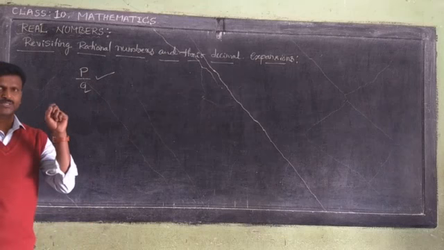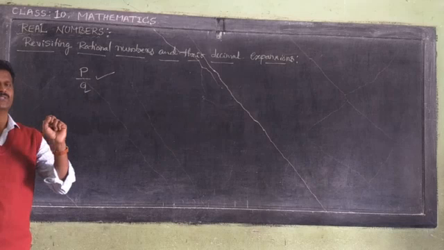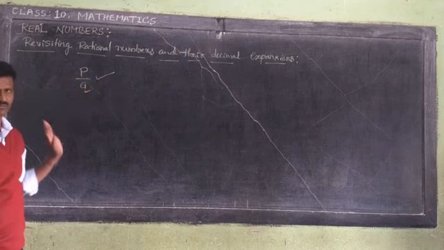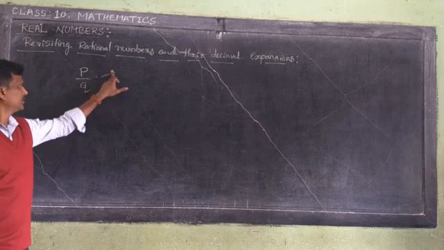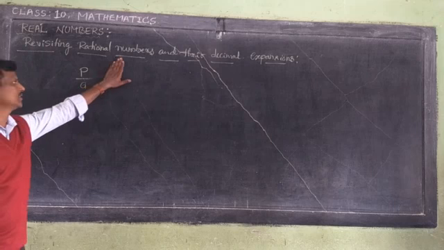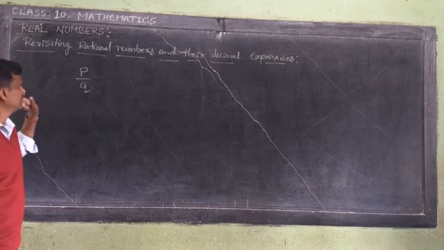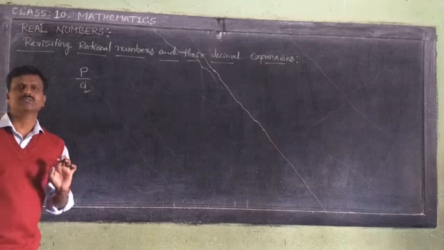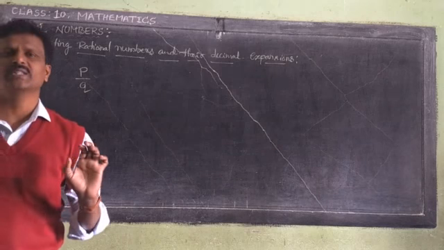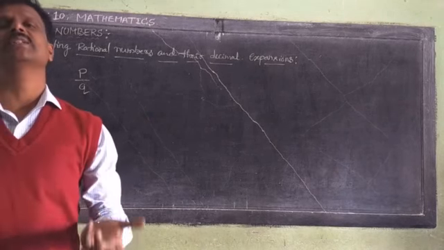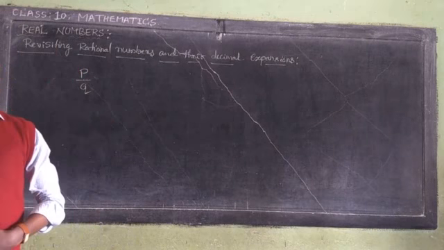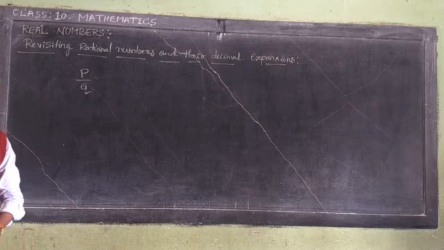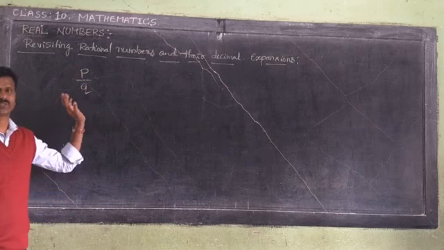If we consider any rational number p by q, just by observing the denominator, or after certain simplification, we say that the given rational number has a terminating or non-terminating recurring decimal expansion without actual division.